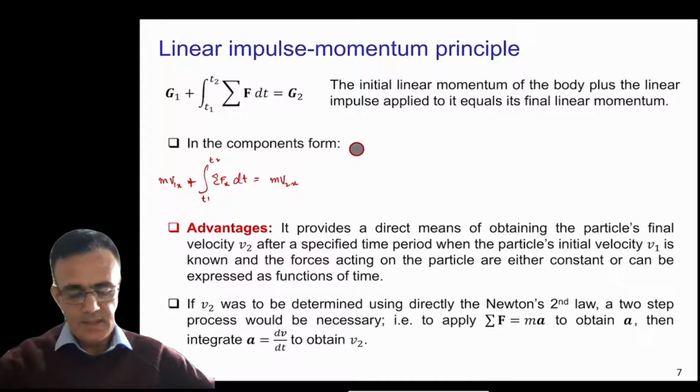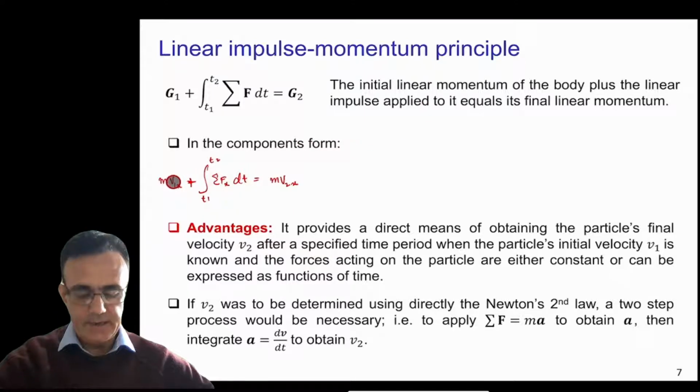So this first equation is the impulse momentum principle in the x direction. As you can see, the velocity is in the x direction, so mv1x, and then all the forces are summed in the x direction and equal to mv2x. So this is the final velocity in the x direction here.